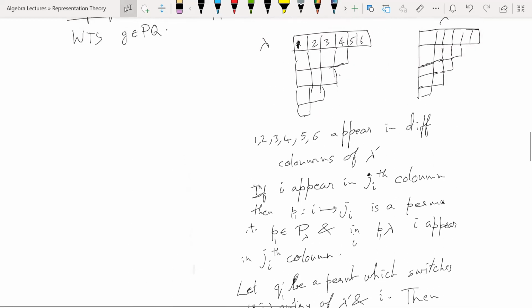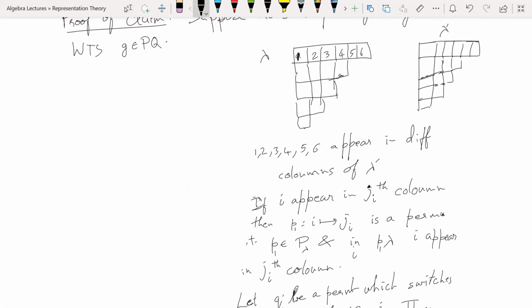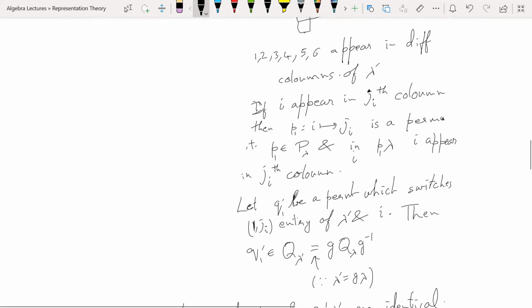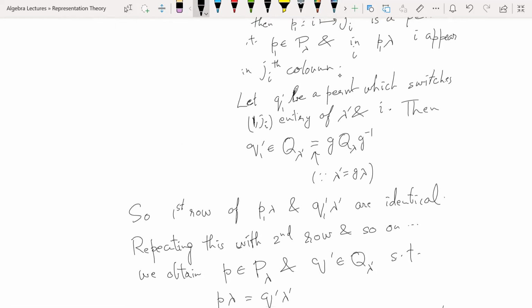We first ensured that all these go in the right column for lambda, so that's how we obtain P1 lambda. And for Q1 prime lambda prime, we made sure that these 1, 2, 3, 4, 5, 6, wherever they are, come into the first row. So P1 lambda and Q1 prime lambda prime have identical first rows. Does this make sense, guys?